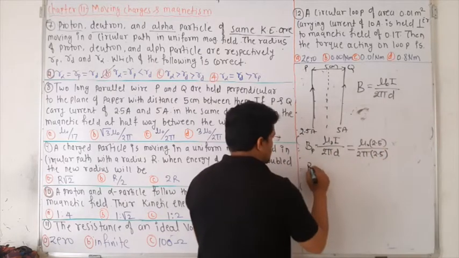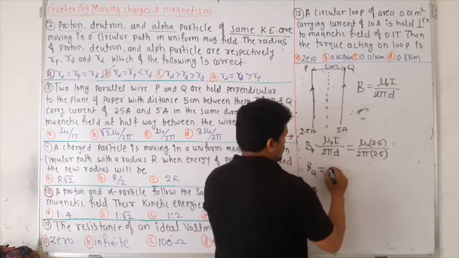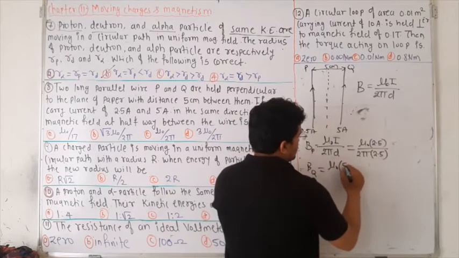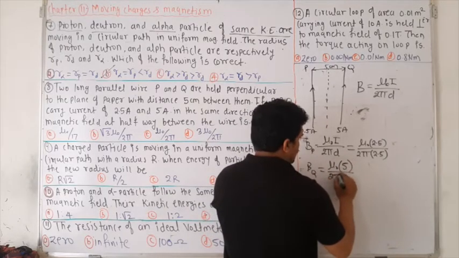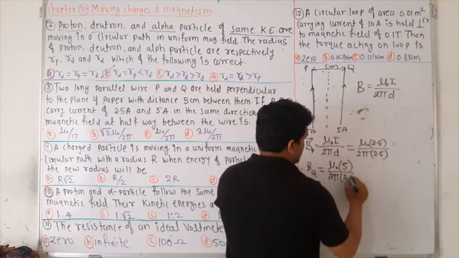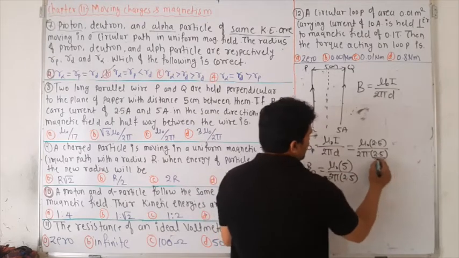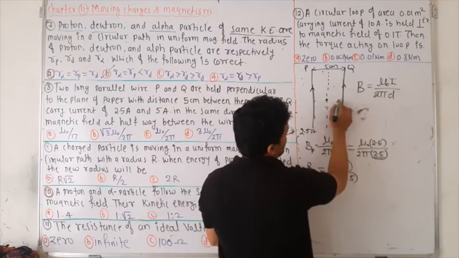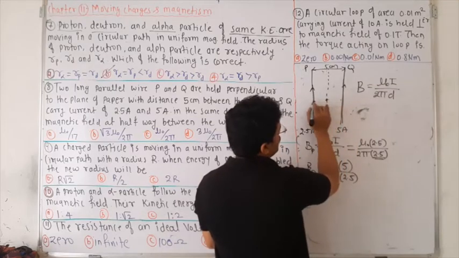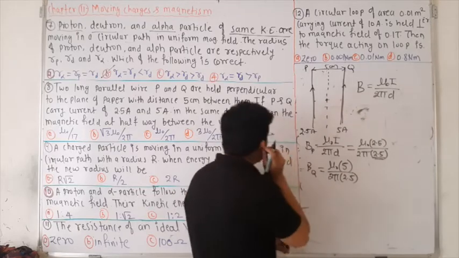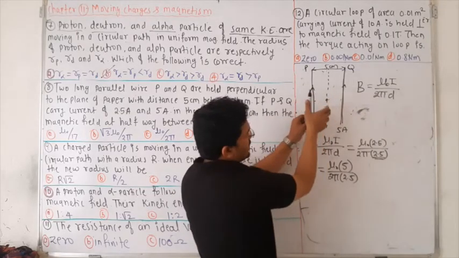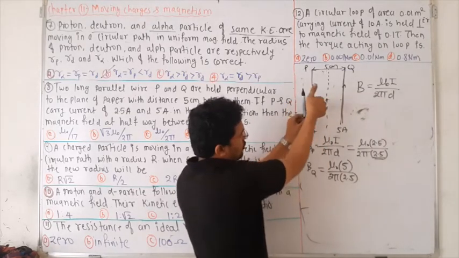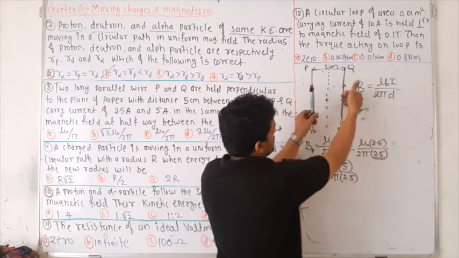So BQ for the conductor Q: mu naught I is 5 ampere, divided by 2.5 and then 2.5. Why 2.5? The midpoint is located at a distance of 2.5 from this conductor and 2.5 from that one. If this will be clockwise, that means inside the board, and this will be outside the board.